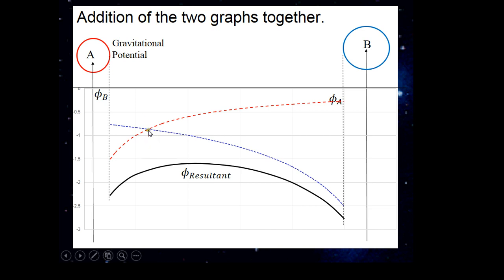Why? Because you see, look at the red graph. Is the gradient steeper in magnitude compared to the blue graph? Yes. If I move to the right, see where my cursor goes? Did I increase the potential of A by a lot more than I decrease the potential of the blue? Which means the total value must go up.